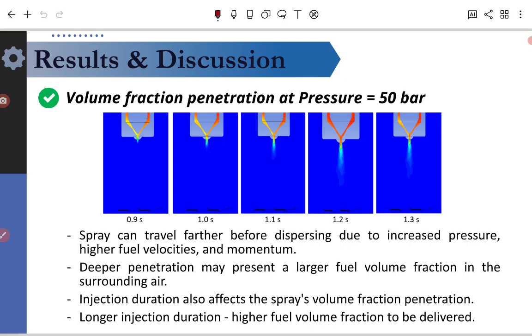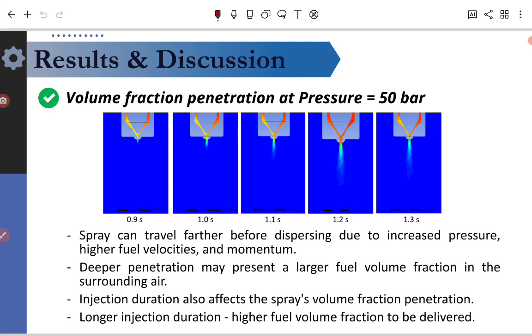We can see that wider spray penetration into an atmosphere is typically encouraged by higher injection pressure. The spray can travel farther before dispersing due to increased pressure, higher fuel velocity and momentum. The deeper penetration may result in a larger fuel volume fraction in the surrounding air.